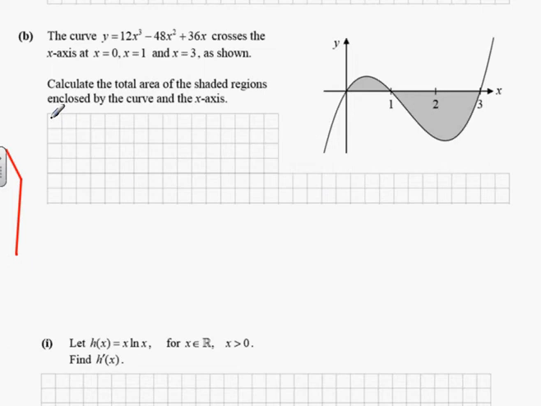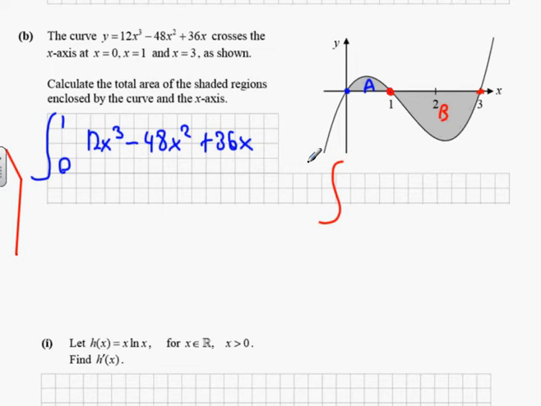So the integral from 0 to 1 gives us area A, which is the integral from 0 to 1 of 12x cubed minus 48x squared plus 36x, plus the integral of this red region here that we'll call B, the integral from 1 to 3. We'll just do it one at a time. So this is the integral from 0 to 1 of 12x cubed minus 48x squared plus 36x.